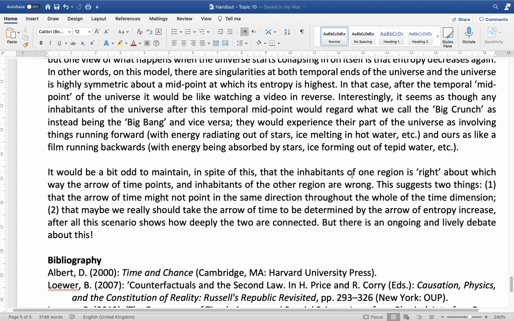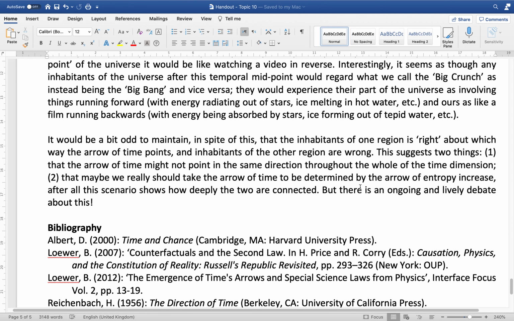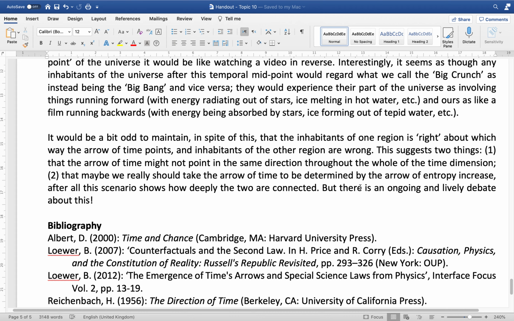But it's certainly a fascinating hypothesis, and I suppose an exciting area of philosophy of physics, precisely because things do seem to be so open.